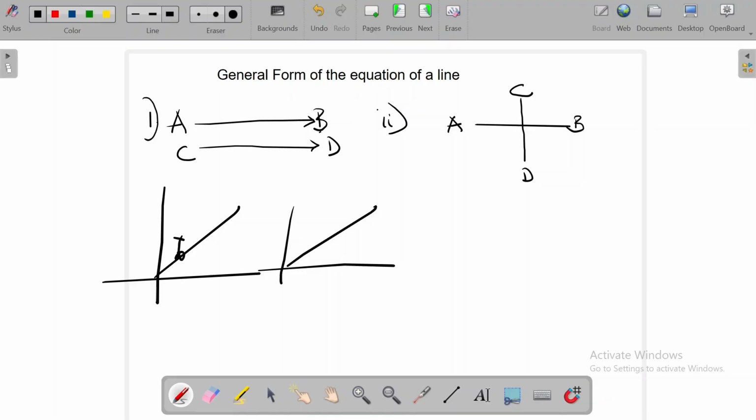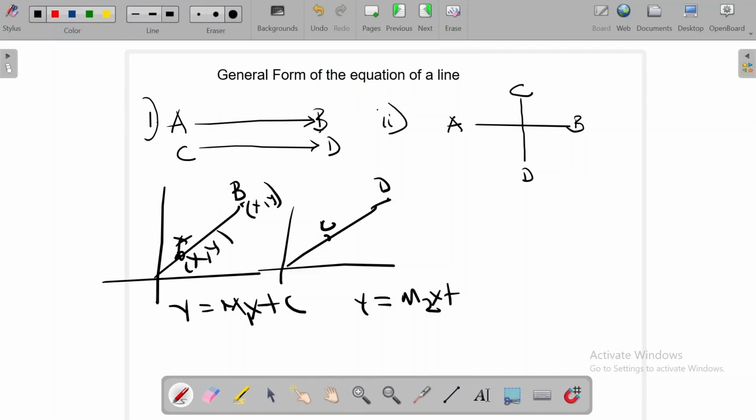This can be point A, this is also point B, having their coordinates x, y, also x, y, and this can also be C and this is also D. If the equation of the first line, which is y is equal to m1 x plus c, is parallel to the second line, y is equal to m2 x plus c.